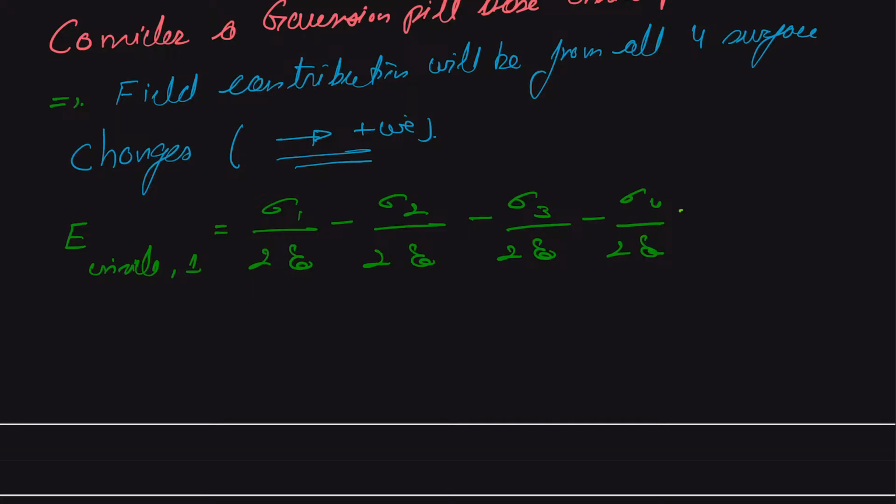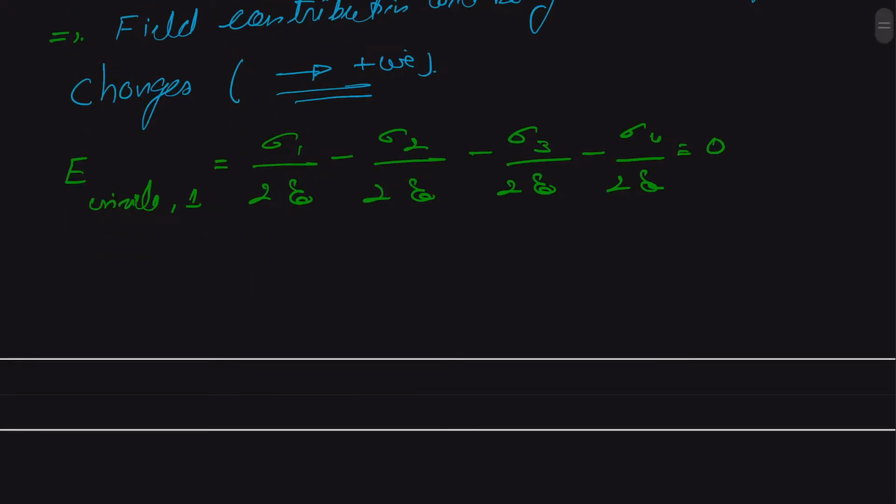And this field inside the conductor should be equal to 0. So 2 epsilon naught we can just ignore, and we can write from here that sigma 1 minus sigma 2 minus sigma 3 minus sigma 4 is equal to 0.